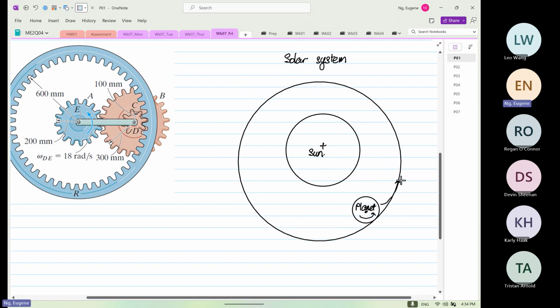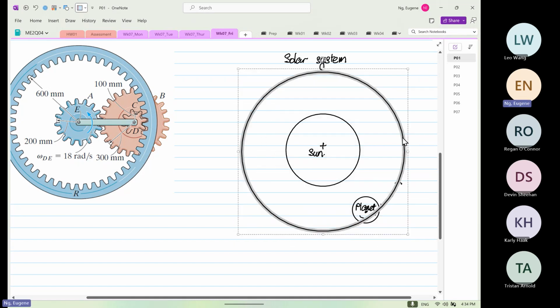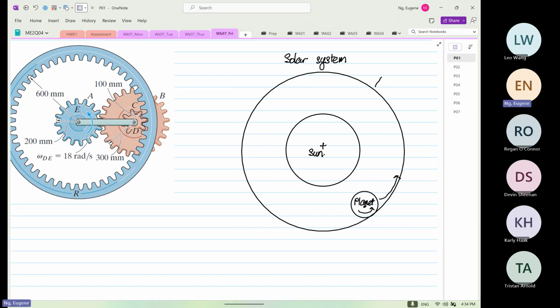This is what we call the orbit. In the gear sense, it is known as the ring.